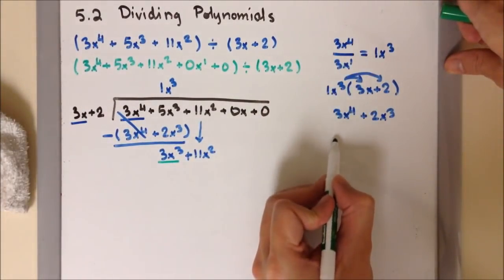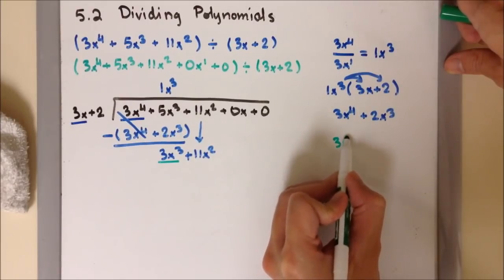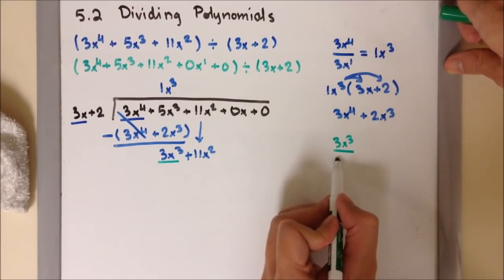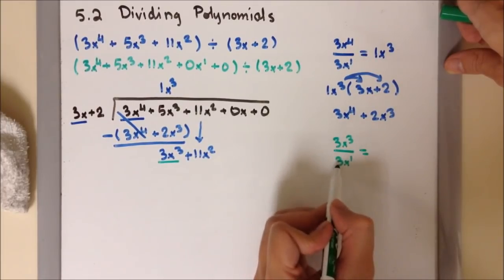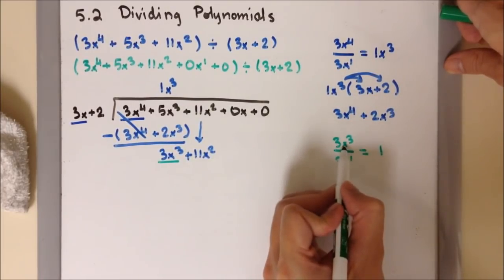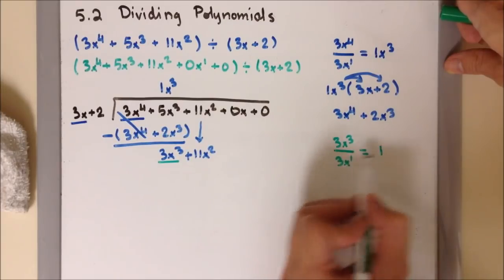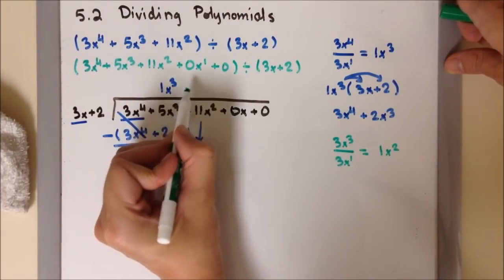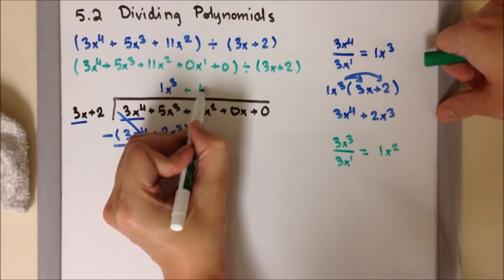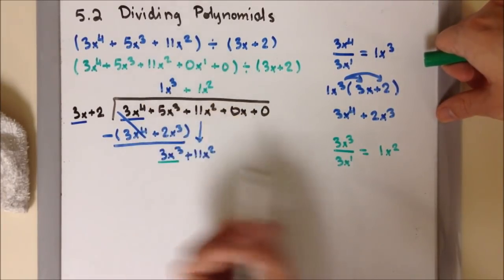Repeat the same process. So 3x to the third divided by 3x to the invisible 1 power. So 3 divided by 3 will be 1. X to the third divided by x to the 1 power will be x squared. So let me put plus, since it's positive, 1x squared.